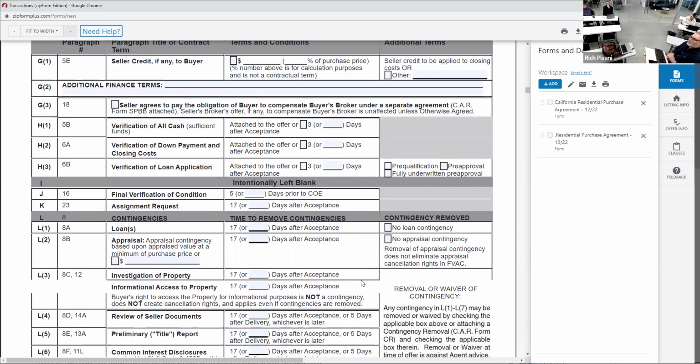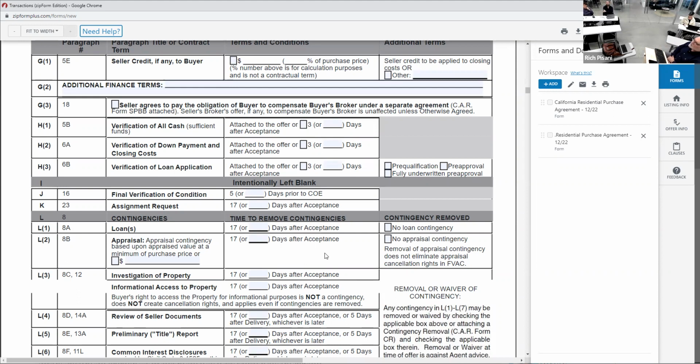Always have a great relationship with your lender, because there are limits to what the lender will allow. Also, going back to close of escrow, if you're shortening that time to less than 30 days, I would definitely check with the lender, making sure that they can honor that. So additional financing terms, what would you put here?